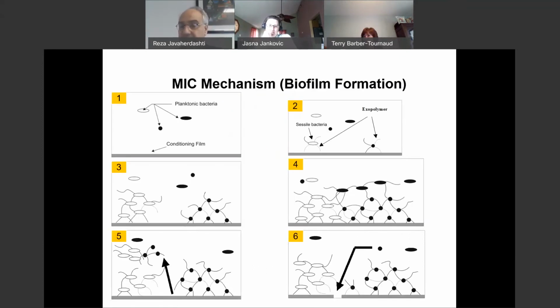Here I mentioned the 6 steps involved in formation of biofilm, and I said that when a part of the biofilm is taken off because of external forces, you will end up with what we call in electrochemical theory differential aeration cells, where you have spots with high oxygen pressure and low oxygen pressure.